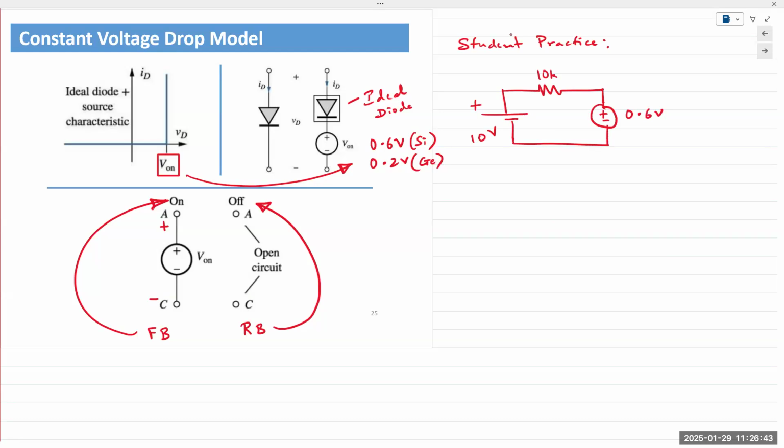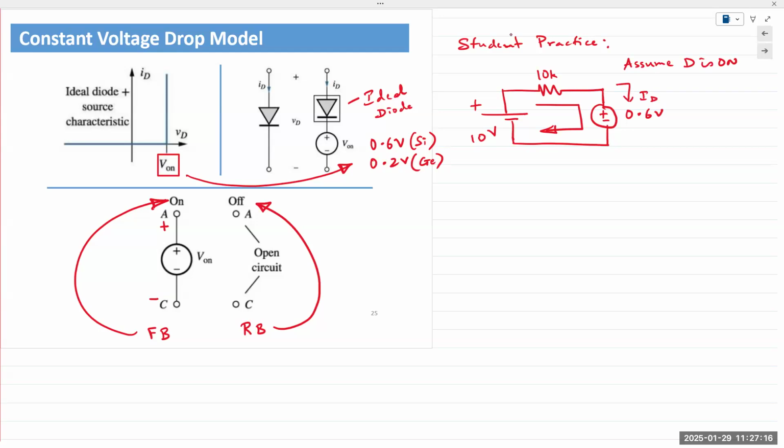If you're assuming D is on, that means you must have a positive diode current ID. So solve for ID and see if your assumption is valid. Reverse bias, if you assume the diode is off, it's the exact same analysis as the ideal diode. That doesn't change. It's only the forward bias that changes.